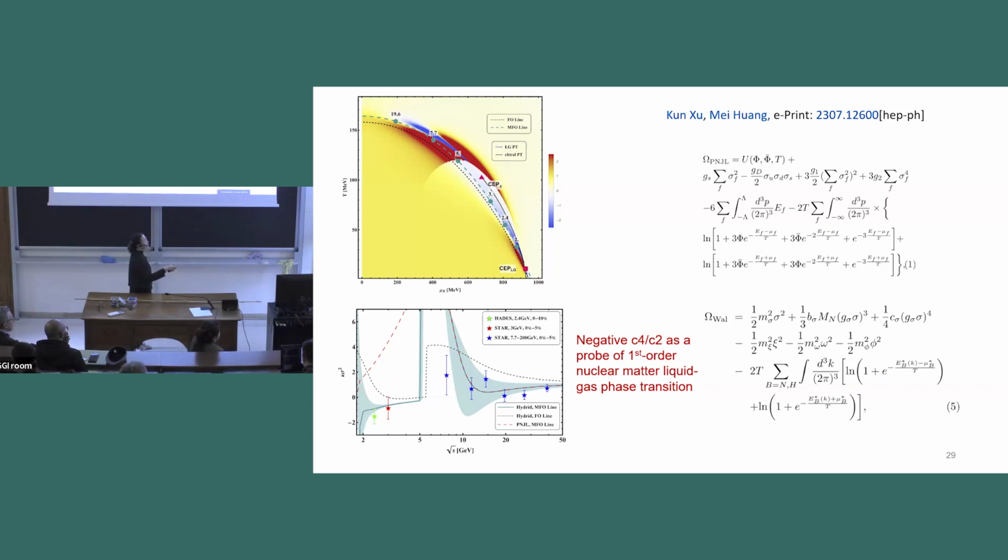And if you use this result, you will find that there is a kind of negative kurtosis, maybe related to this data. This is what we proposed several years ago: this negative kurtosis might be a probe of the first-order phase transition for nuclear matter, the liquid-gas phase transition.